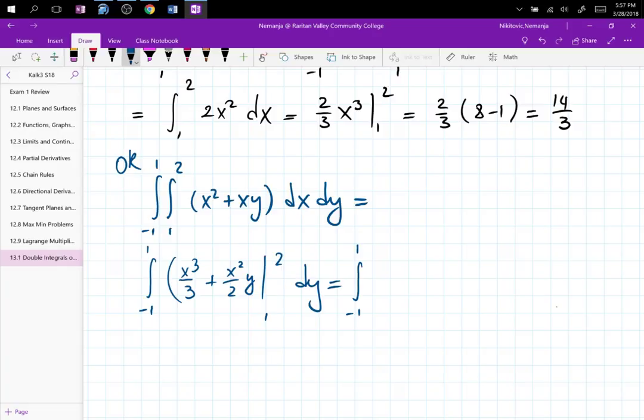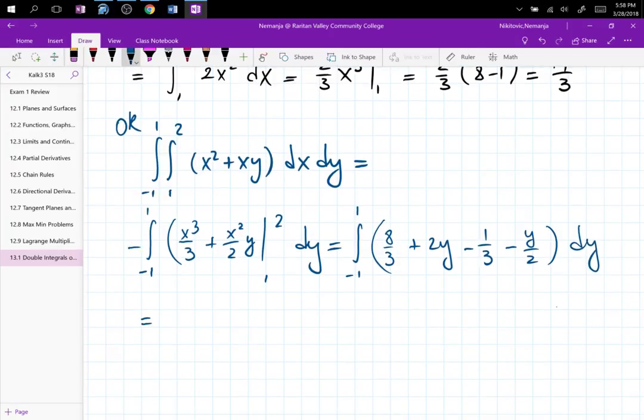Plug in 2, I get 8/3. Plug in 2, I get 2y, so plus 2y. And then I get minus 1/3. And then when I plug in 1 over here, I get minus y over 2, dy.